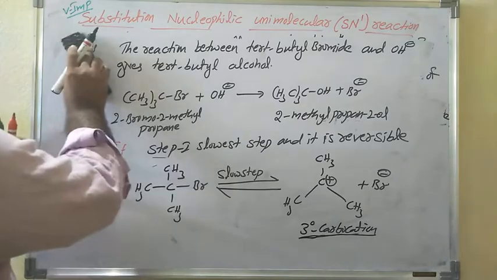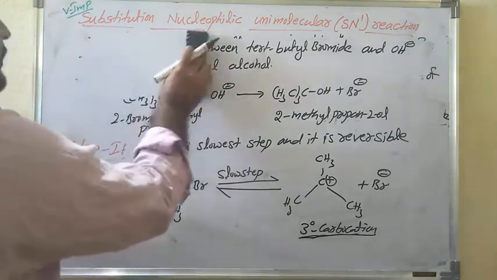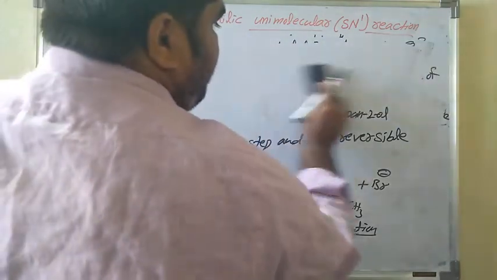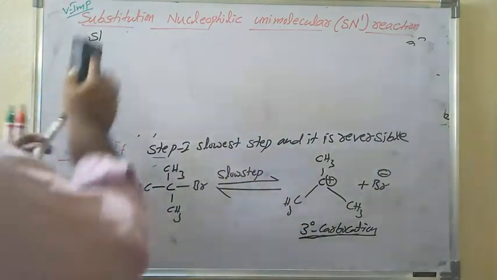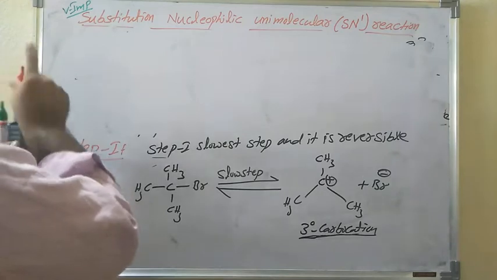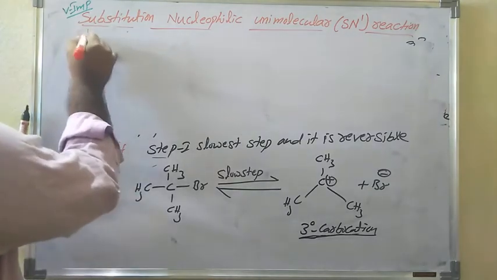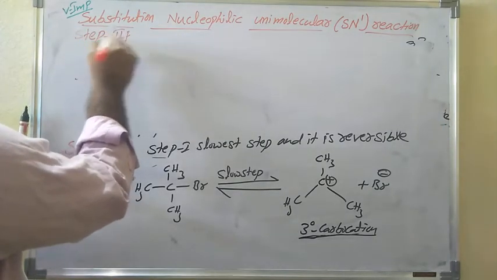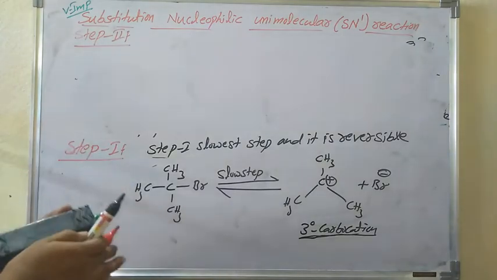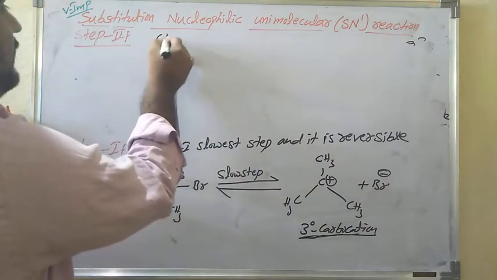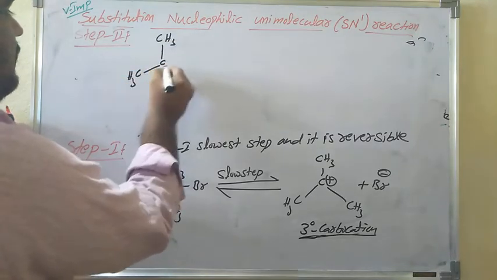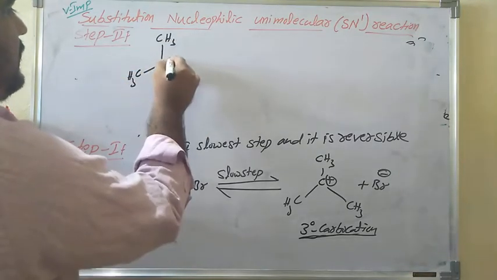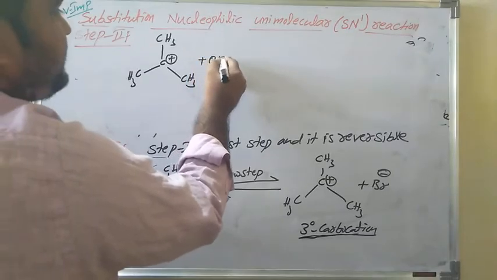Coming to step 2. What happens in step 2? After formation of the carbocation, the incoming nucleophile is the hydroxide ion.